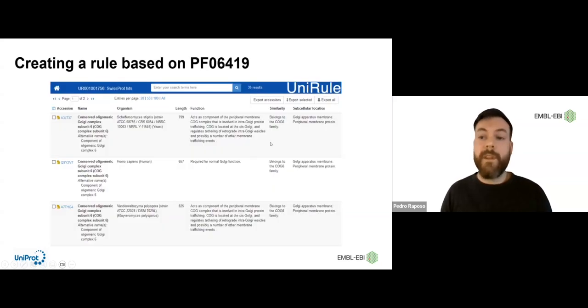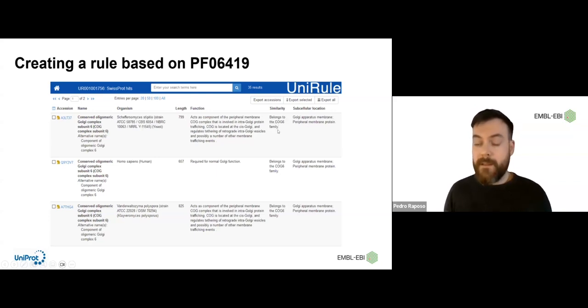Here, from the 35 SwissProt entries, we provide 3 examples and some of their annotation. Each row represents a different protein, and we can see that the similarity comment in the 6th field is common between all these proteins, and it says belongs to the COX6 family.